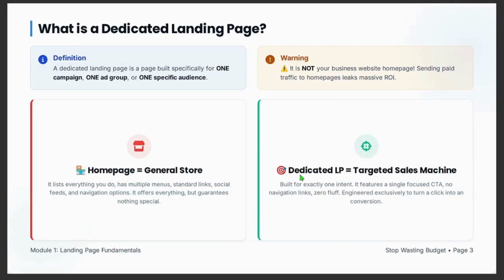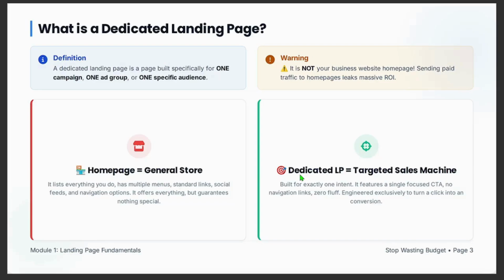And now let me explain what a dedicated landing page actually is. A dedicated landing page is a page that is built for one specific campaign, not an ad group or a specific audience. So it is not your homepage. Think of it like this: your homepage is like a general store.